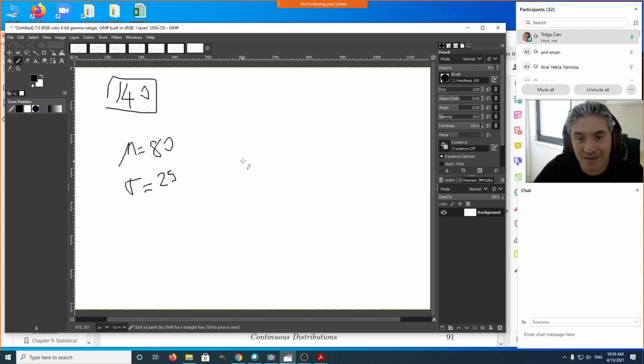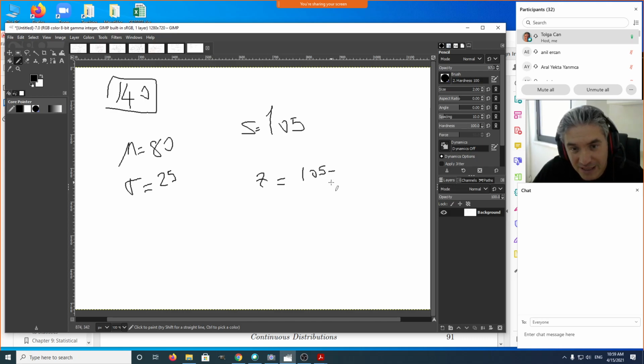If somebody gets, for example, 105, we can compute its z-score by subtracting the mean, which is 80, and dividing by 25, which is going to be exactly 1. So this person is 1 standard deviation away.